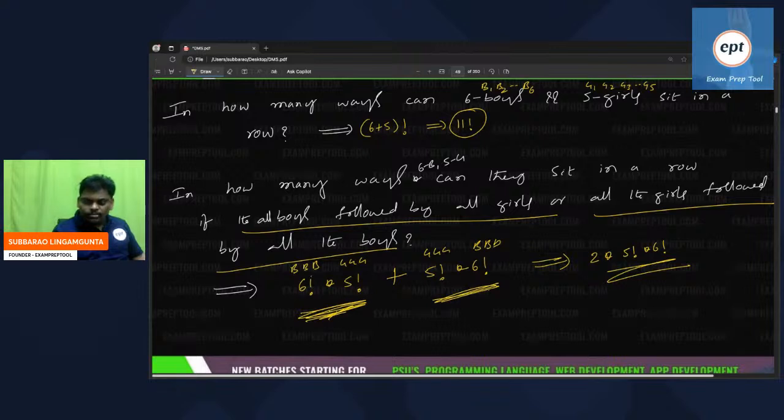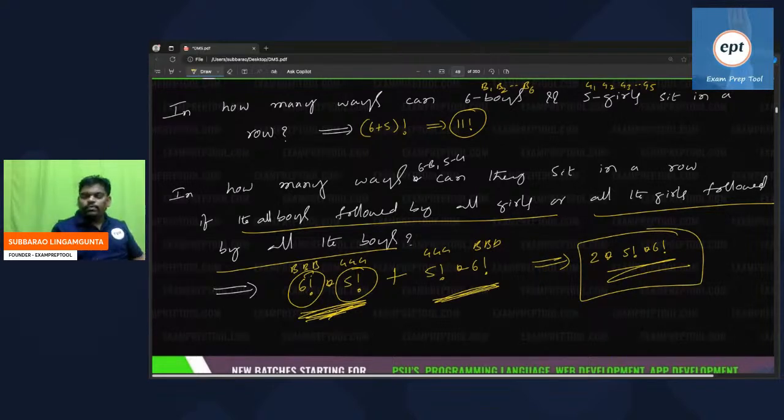Within the boys, how many ways? 6 factorial, followed by girls, 5 factorial. If girls come first, 5 factorial followed by 6 factorial. Since A into B equals B into A, it is 2 times of this.